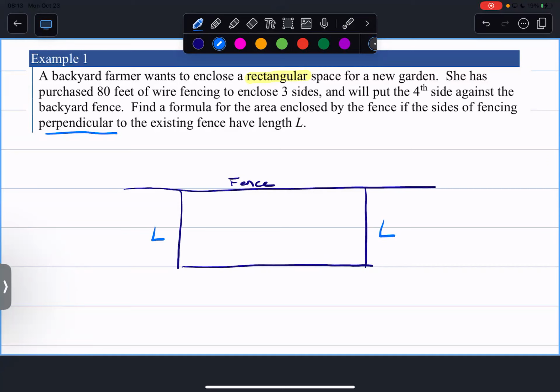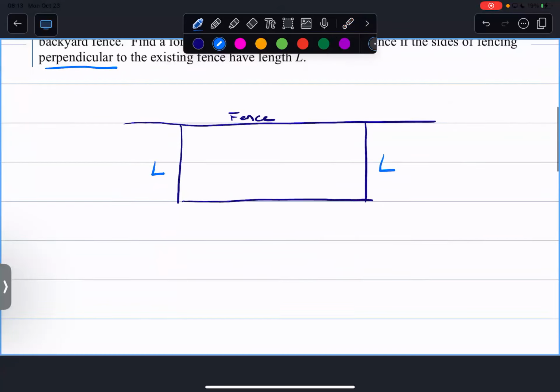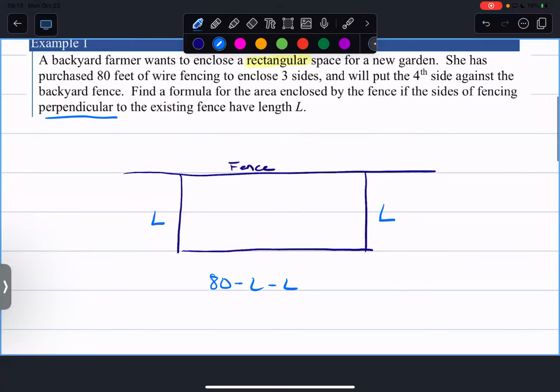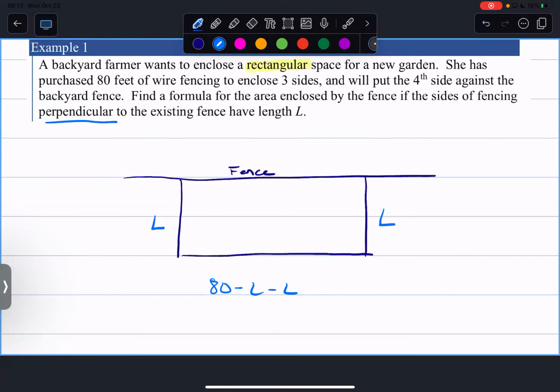Okay. We only have 80 feet of wiring. Right? And so what's this length going to be? It has to be 80 minus L, right? Because we only have 80 feet. So here we have 80 minus L. You could write it as minus 2L right away if you want.